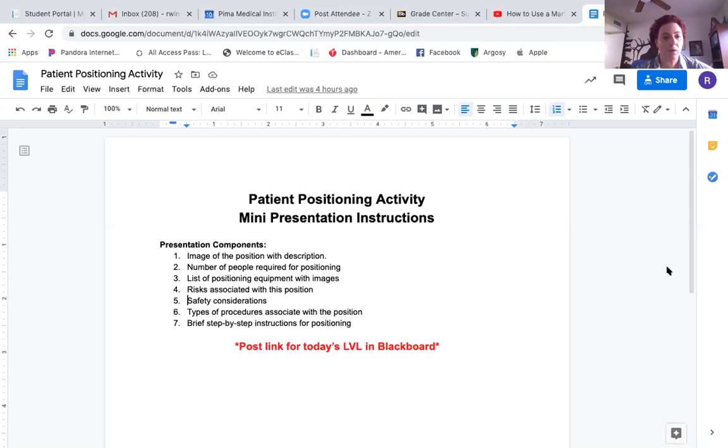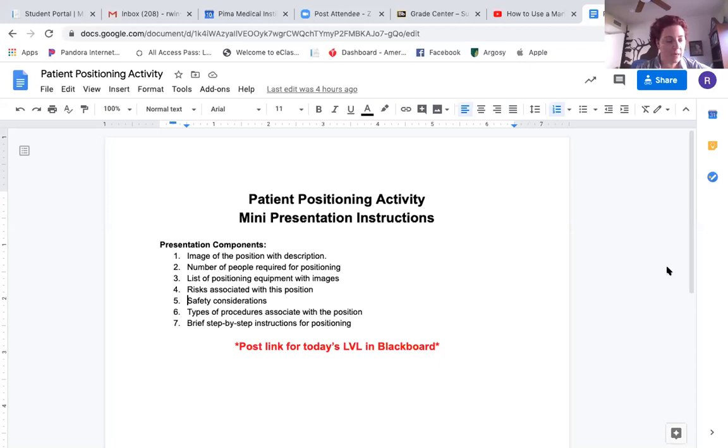For your assigned position, you want to find an image of the position, and then indicate the number of people that are going to be needed for that positioning, a list of equipment, and if you could find some images without too much trouble, that would be fantastic. Identify some of the risks associated with the position, and then maybe some safety considerations as well. I think those 2 go hand in hand. Then the types of procedures associated with the position.